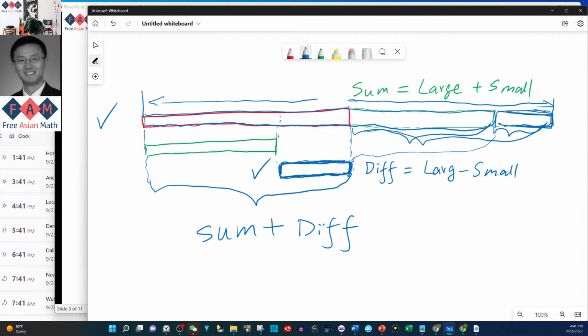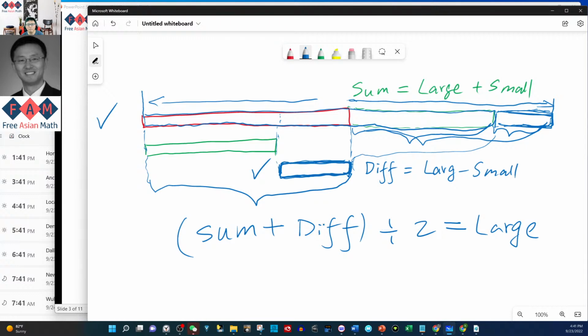So this will be equal to 2 times large. Okay? So this is really interesting because now we can figure out large is simply the sum plus difference, then divided by 2.